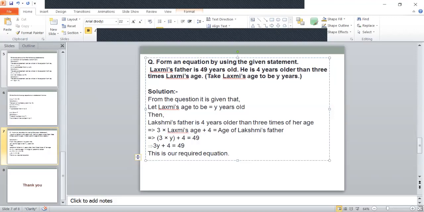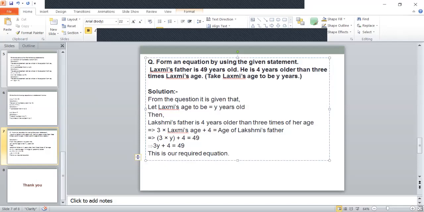Lakshmi's age we have taken as y years. It is given that he, meaning Lakshmi's father, is 49 years old, and he is 4 years older than 3 times Lakshmi's age.